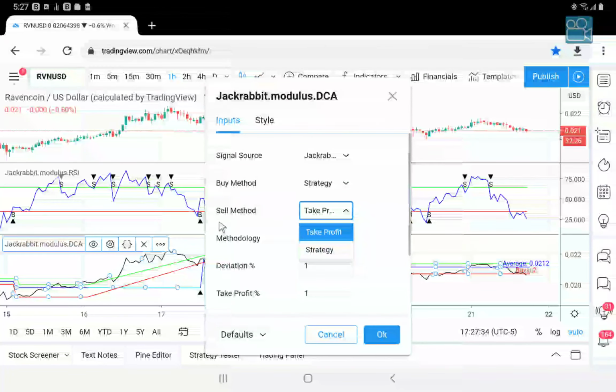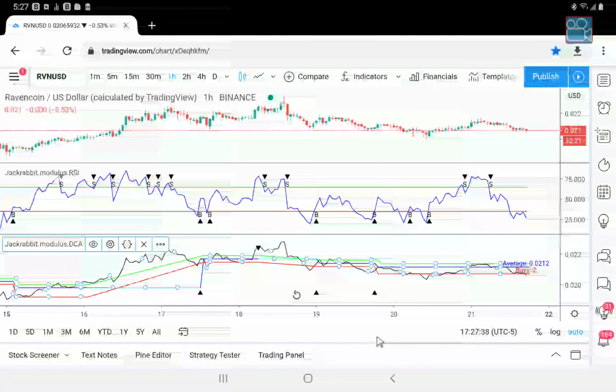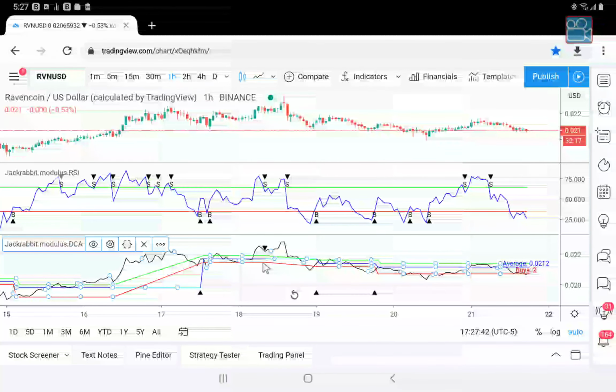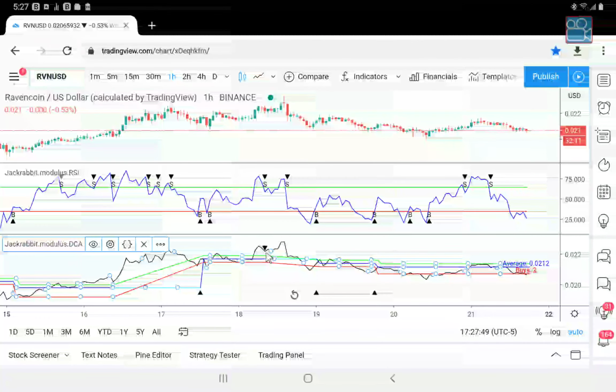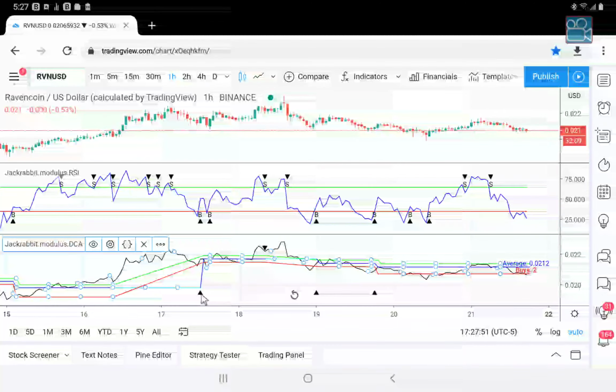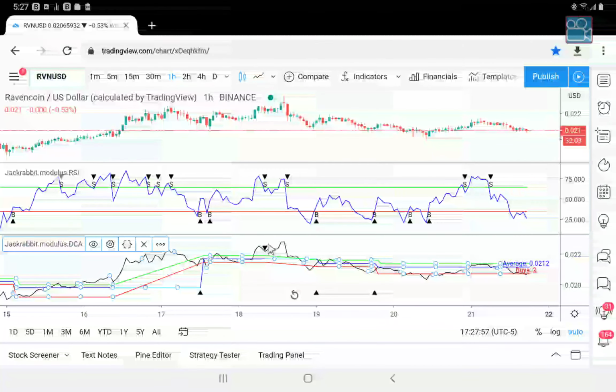And the sell method also by strategy, which means the signals for selling must align above the take profit line. So here it won't purchase unless it's below the deviation, and here it won't sell unless it's above the deviation.